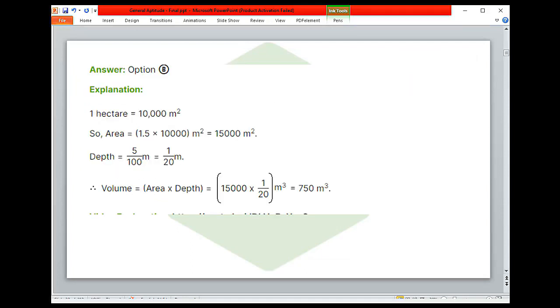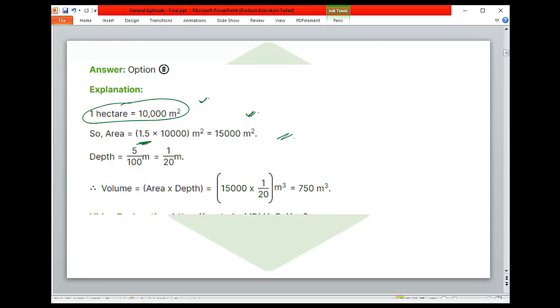Look into this. All you have to understand is that 1 hectare is equal to 10,000 meter square. Okay, so the area is what? It is 1.5 hectare, so the area is 1.5 into 10,000, which is equal to 15,000 meter square.